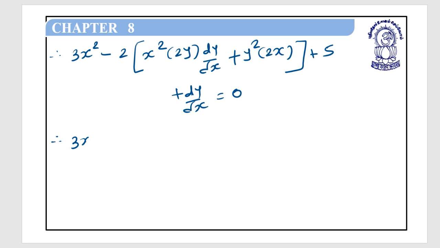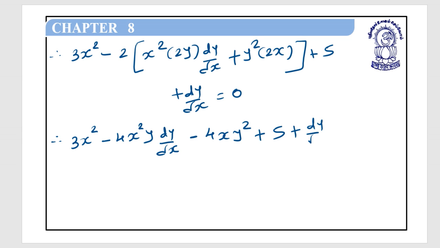So it is 4x square y dy by dx minus 2 into 2xy square, that is 4xy square, plus 5 plus dy by dx is equal to 0.